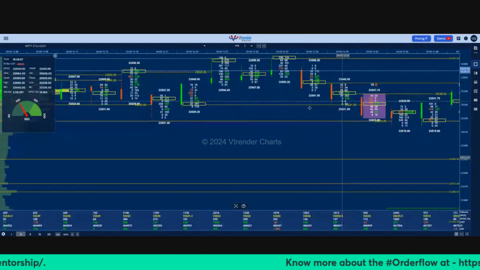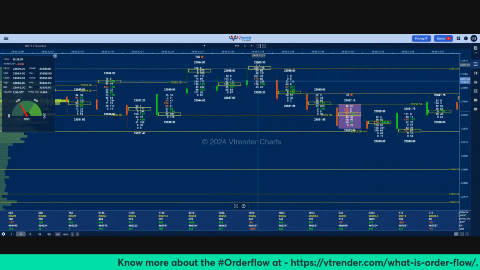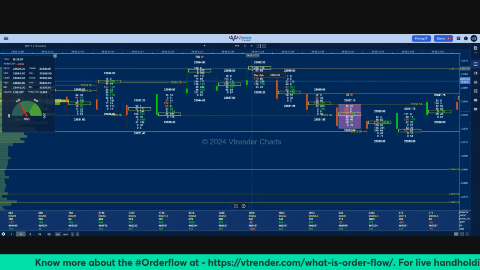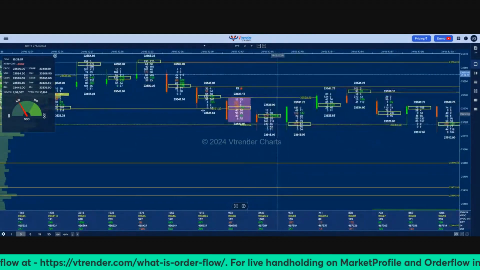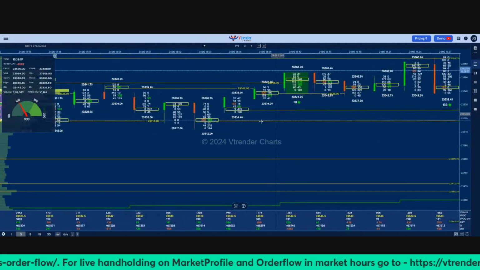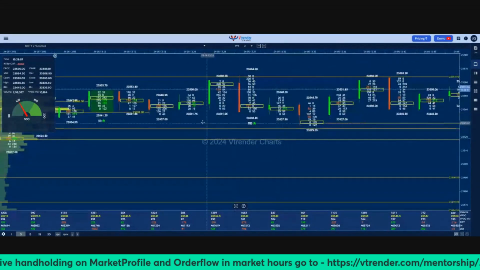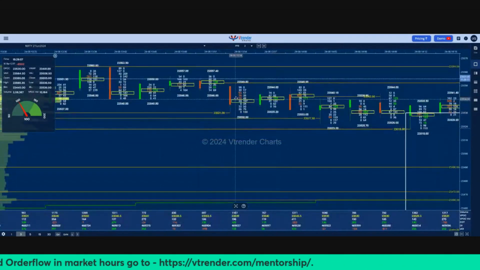So this was telling us that there is no buying in this zone, and we will have to wait for the buyers to show their presence here to continue more on the upside. And then what happened was we remained in a narrow range, but all day we were above the VWAP, and we continued to form a balance with the POC also shifting to this 23540 level into the close.